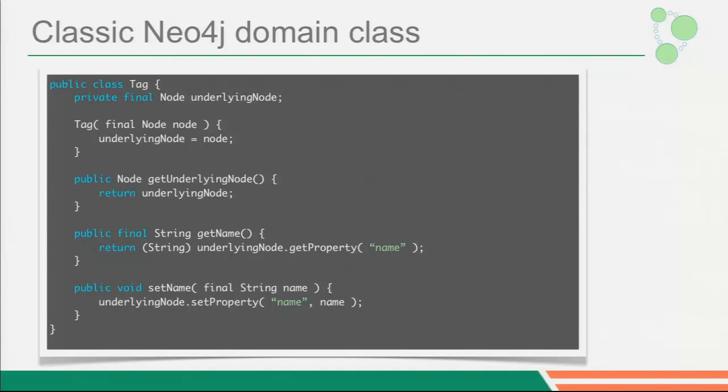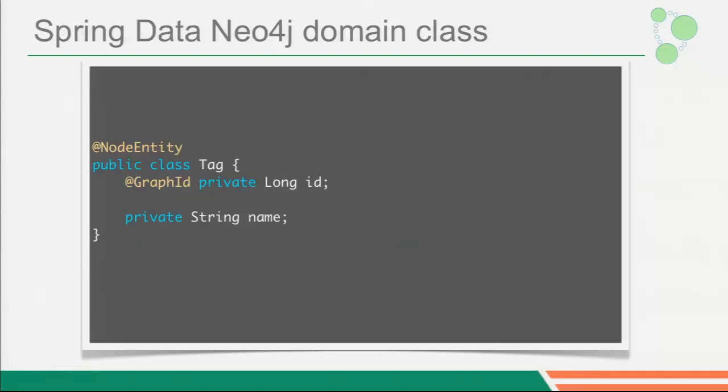And you can easily imagine that for larger domain objects, that was lots of boilerplate code, right? Fortunately, now we employ Rickard Oberg, the author of XDoclet. If you would have to write such code, you would probably use a generator like XDoclet to generate it. But that's a lot of code that you don't want to see in your domain objects at all. That's why in Spring Data Neo4j, a domain object of the same complexity looks like that.